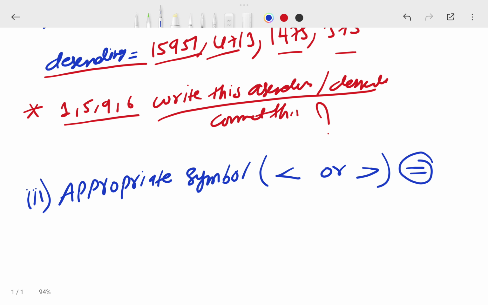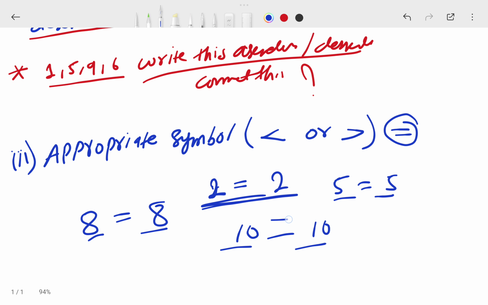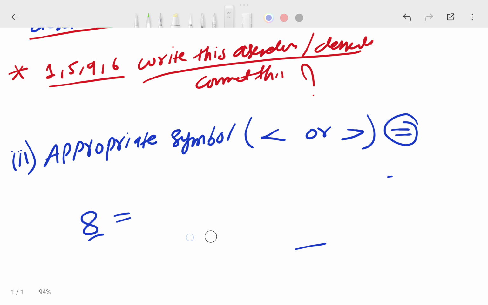Equals to means what? This is 2, here also 2 is given, both are the same, so equals to will come. Like 5 is there, 5 is there, both are the same number, equals to will come. This is 8, this is 8, same number, equals to will come. This is 10, this is also 10, equals to will come. Whenever you see the same number, equals to will come there.